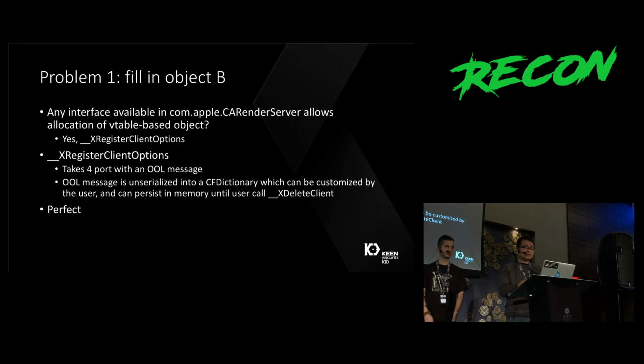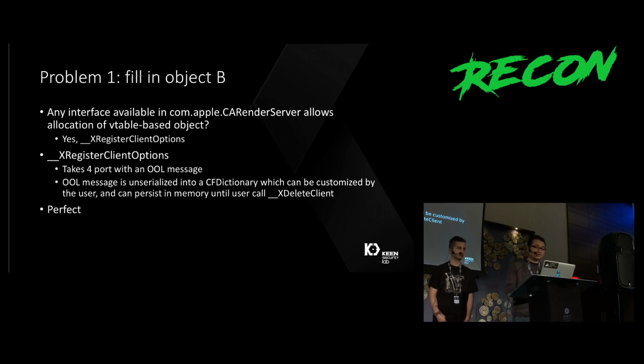After deeper research, we found that in the CA render server interface, there is one interface called XRegisterClientOptions, which takes 4 ports and an OOL message, and that OOL message can be unserialized to a CF dictionary, and its content can be controlled by the user.